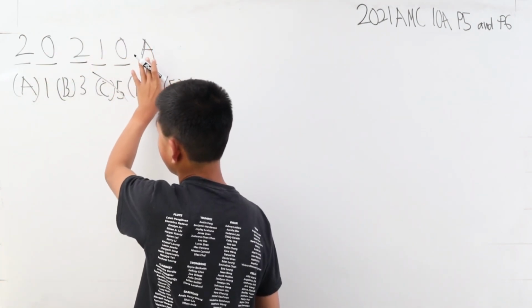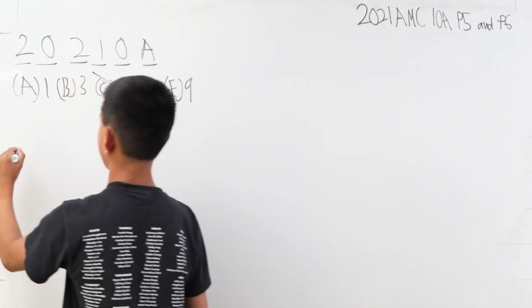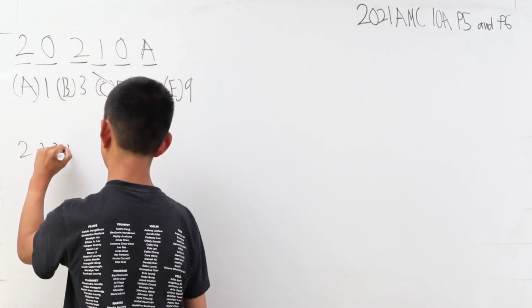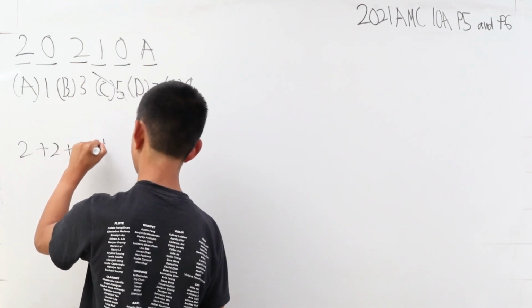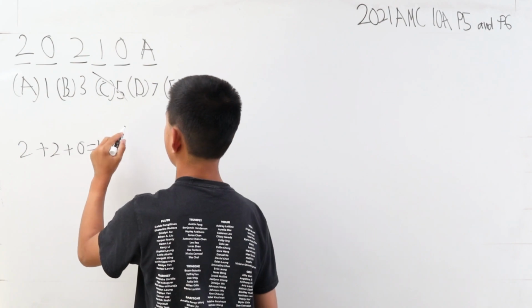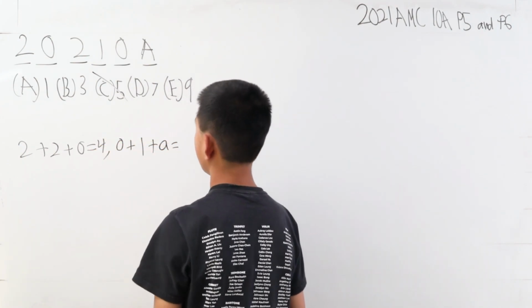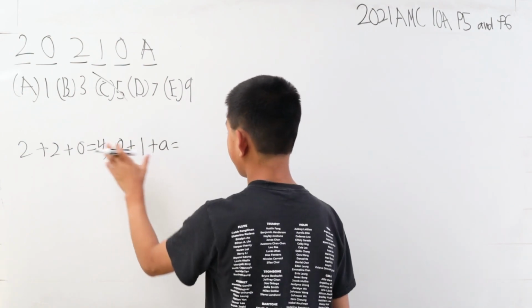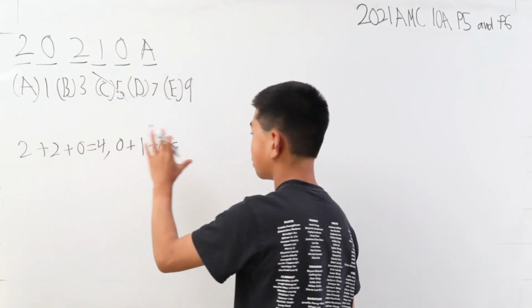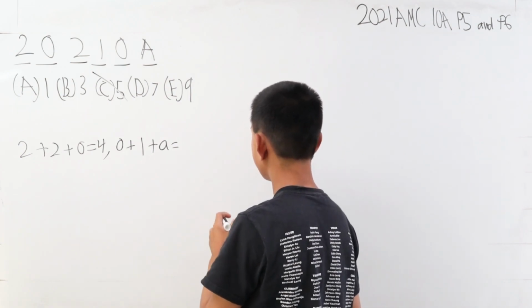For this number, you add 2 plus 2 plus 0, which is 4. And then you add all the other numbers: 0 plus 1 plus A.